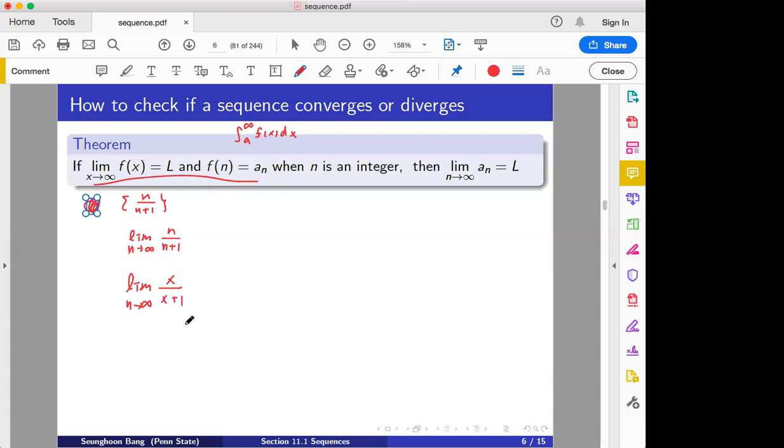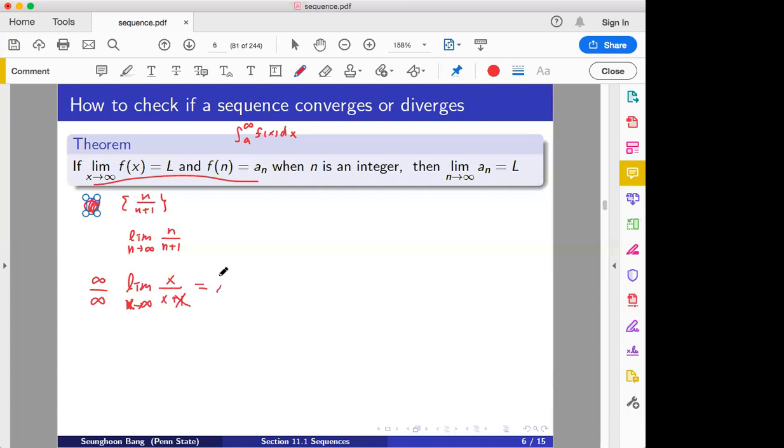Do you remember section 6.8, the L'Hopital rule and relative rate of growth? Here it is x, sorry, x approaching infinity: the top is going to infinity, and the bottom is infinity. How can you solve it? We can use L'Hopital's rule or relative rate of growth. I want to use relative rate of growth. You have to ignore constants.